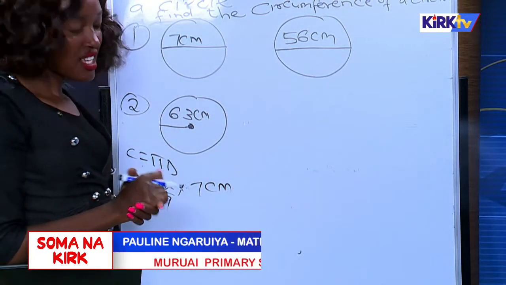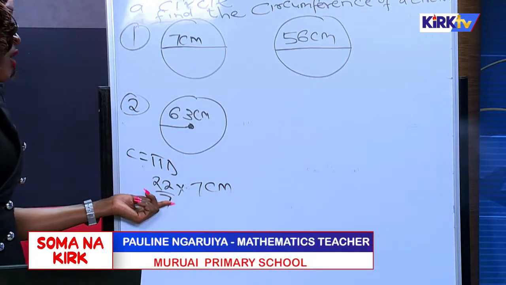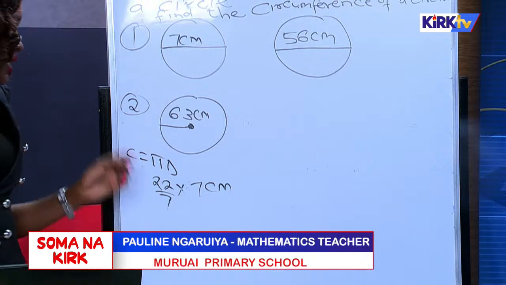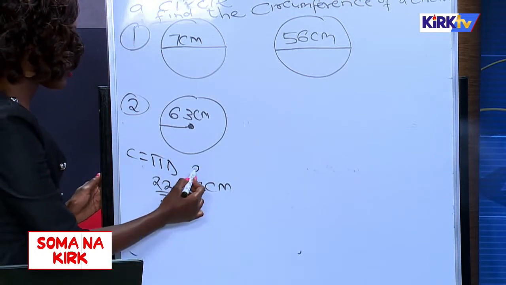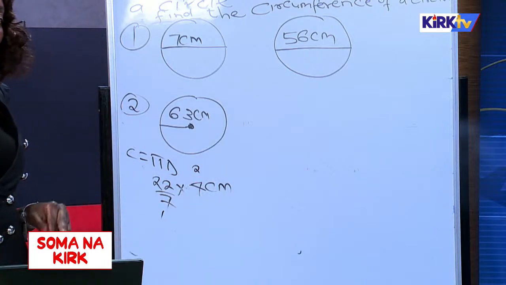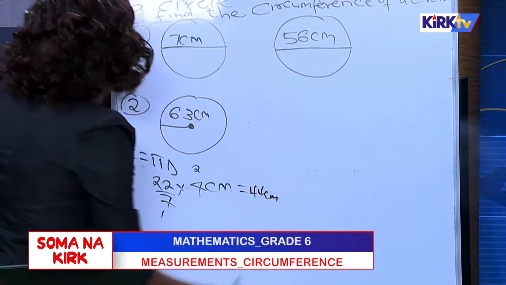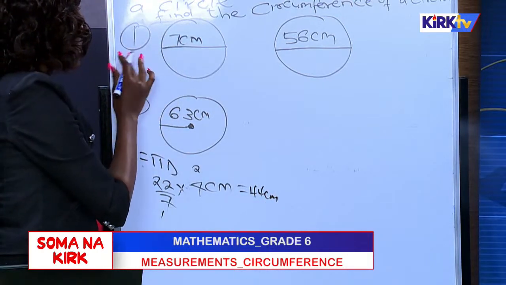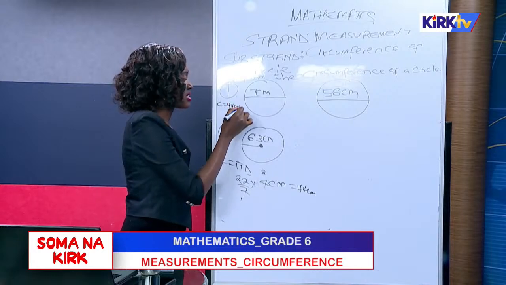Very simple. Can we simplify? The answer is yes. 7, how many times will it go into 7? Just once. So by 7, 1. By 7, 2. So 22 times 2, we get 44. And our circumference here is equal to 44 centimeters.